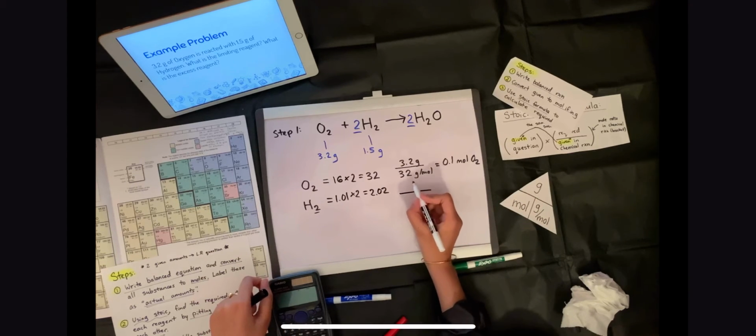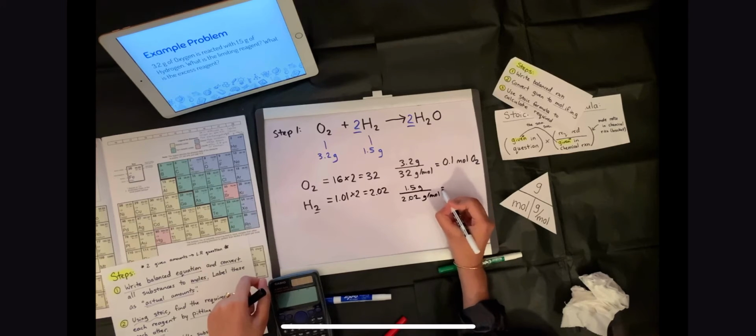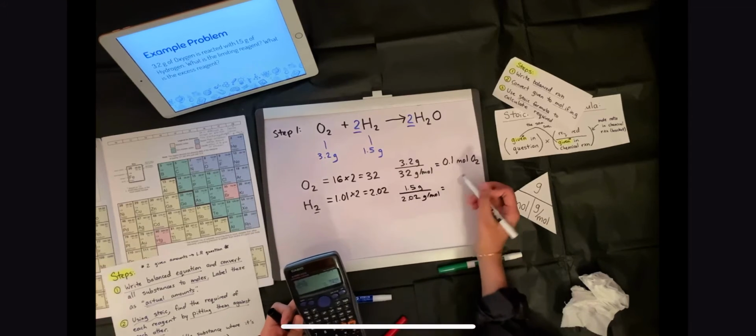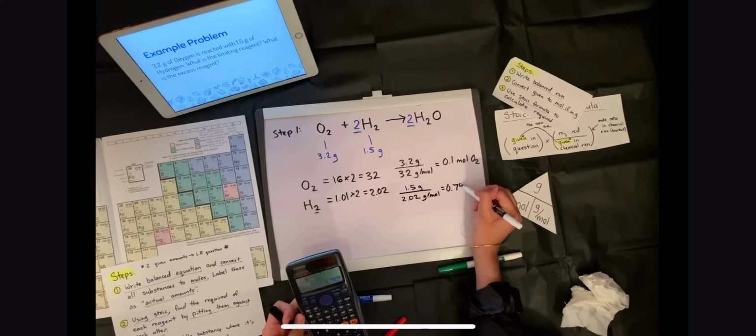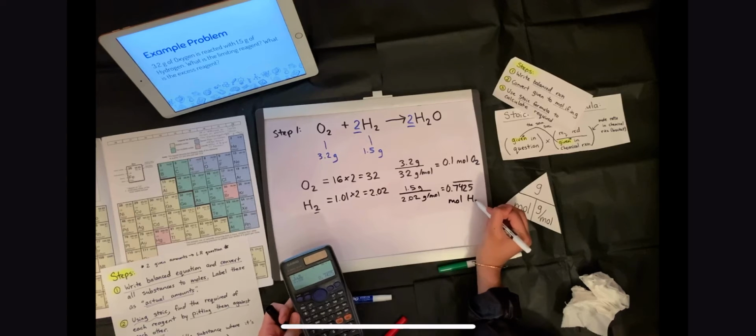So 1.5 grams over 2.02 grams per mole equals, calculator, 1.5 over 2.02 equals 0.7425 repeated moles H2.